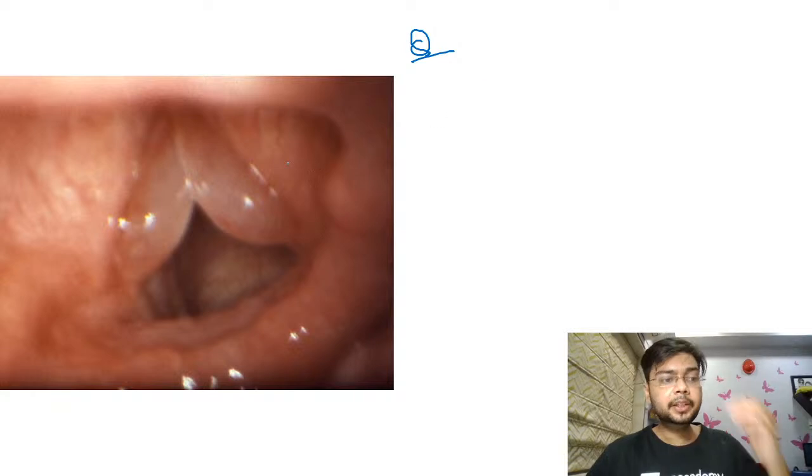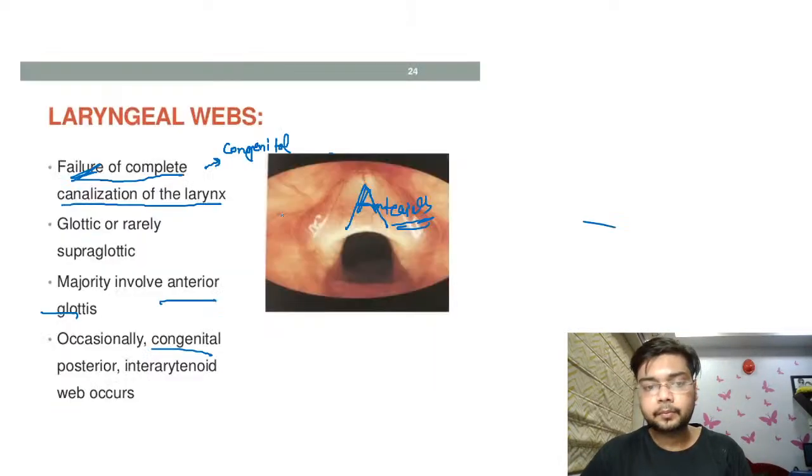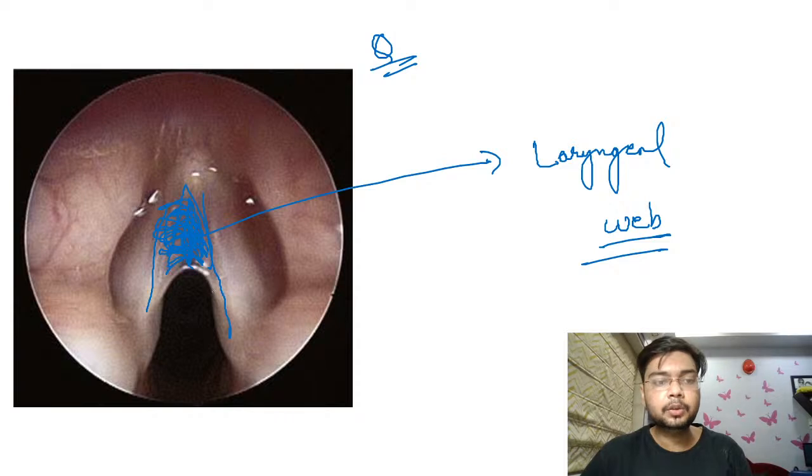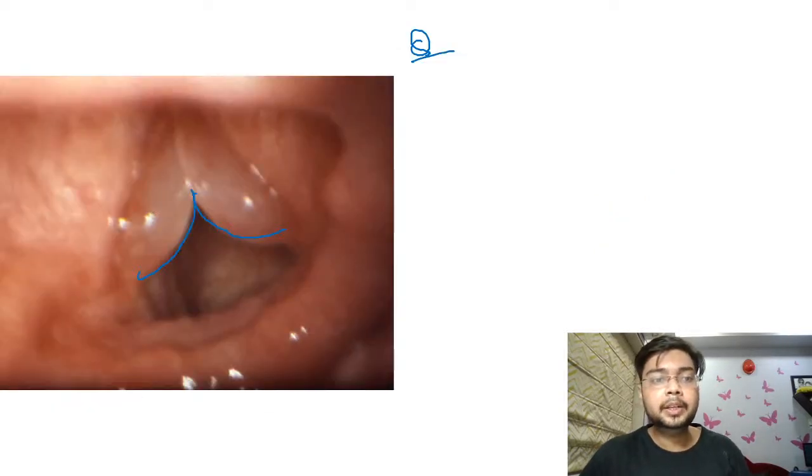If you see here with focus, you will observe that both vocal cords are appearing swollen, right? In the previous picture, the lower part of the vocal fold was normal, but here both vocal folds are appearing swollen.